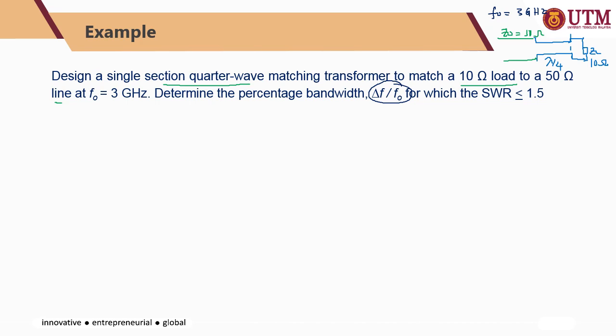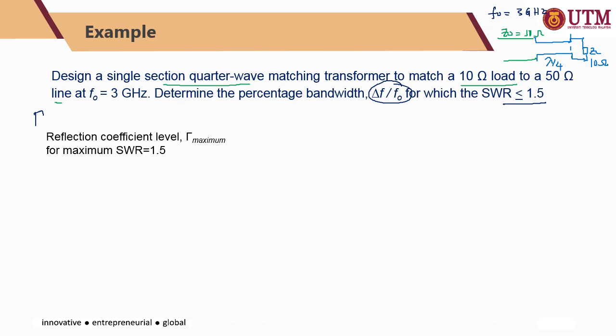Okay, so in order to get the bandwidth, you need to have the reflection coefficient. Given that the SWR is 1.5 maximum, it could be less than or equal to 1.5.